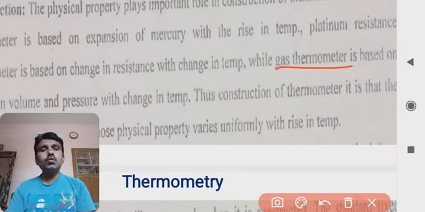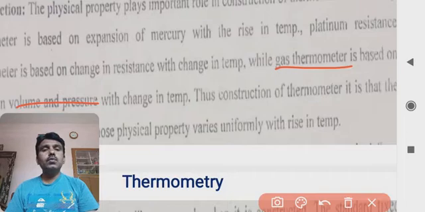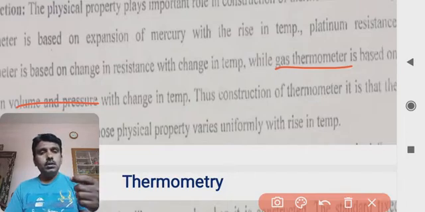As the temperature goes on increasing, whatever gas is inside that thermometer, its volume and pressure also change. With respect to this volume and pressure change, the rise in temperature is shown on the thermometer.